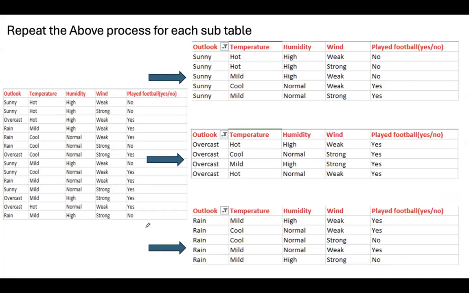And now I'll see that, in case of outlook sunny, what should be the next question? Temperature, humidity, or wind? If the outlook is overcast, what should be the next question? If the outlook is rain, what should be the next question? Is this clear?